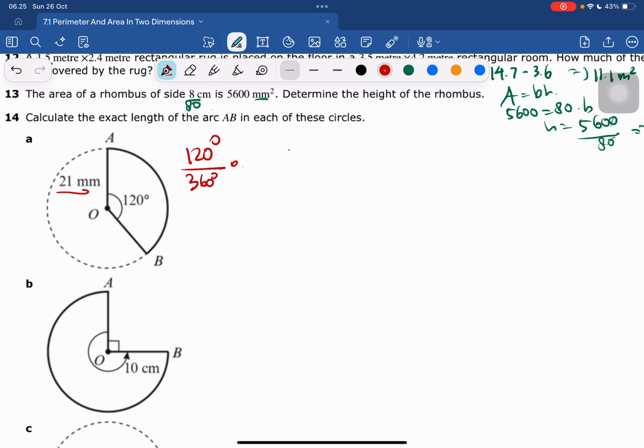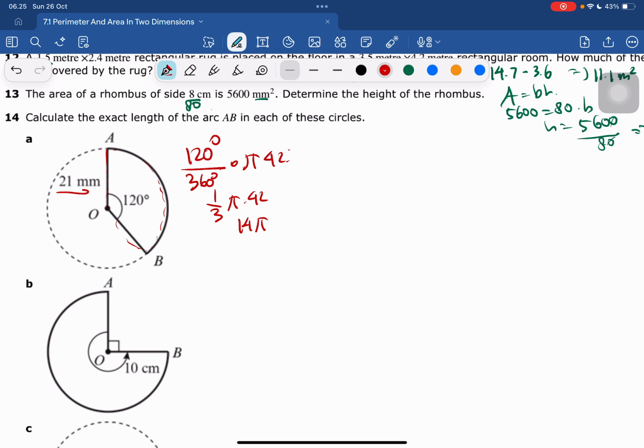If this is the radius, we can multiply it by 2. 21 is 42. So after 42, this is 1/3 pi with 42. So 42 divided by 3 is 14. So this is 14 pi. This is the length. Ta-da. Okay, that's the perimeter.